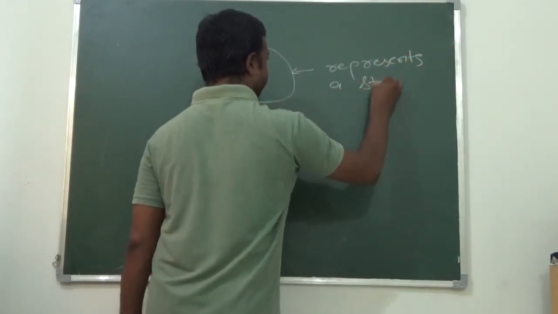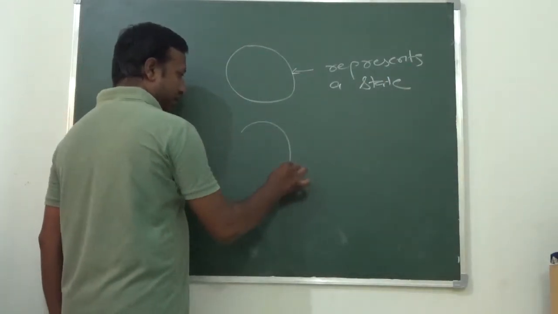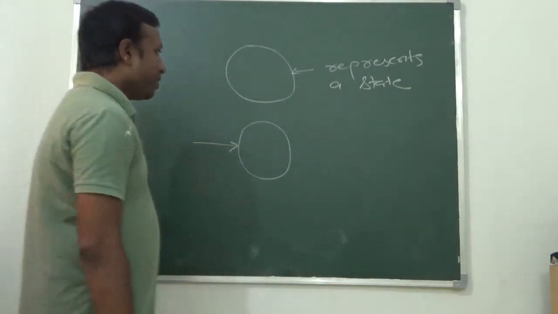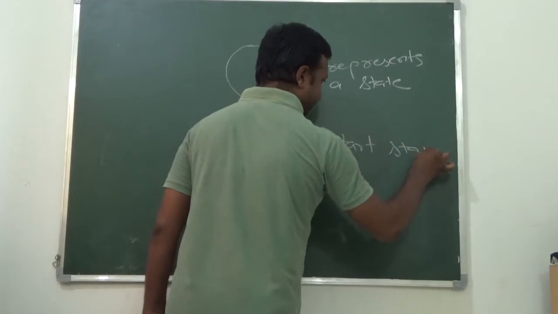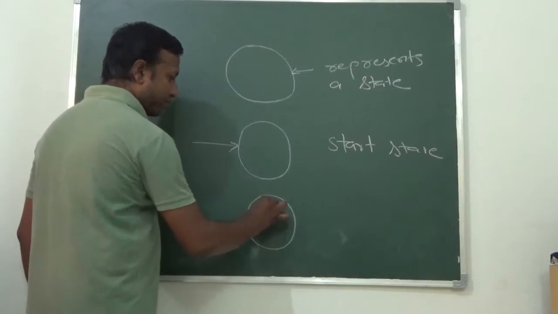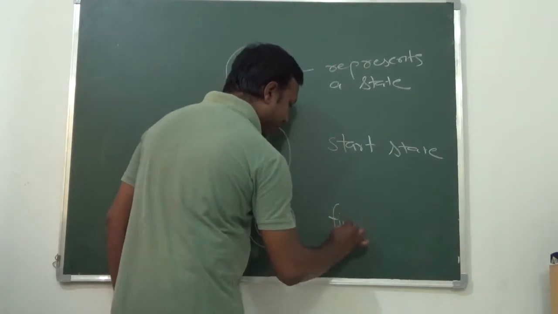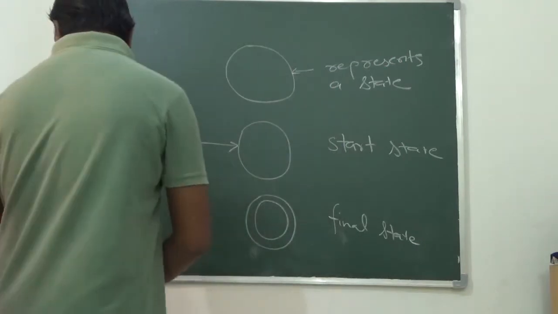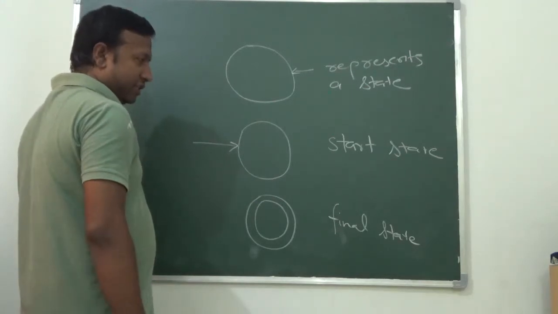A circle with an arrow sign is called the start state. Now a circle inside a circle is basically the representation for a final state. So this is the representation done for the states.